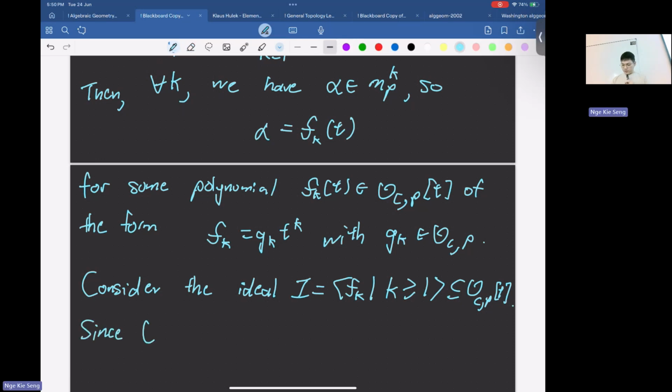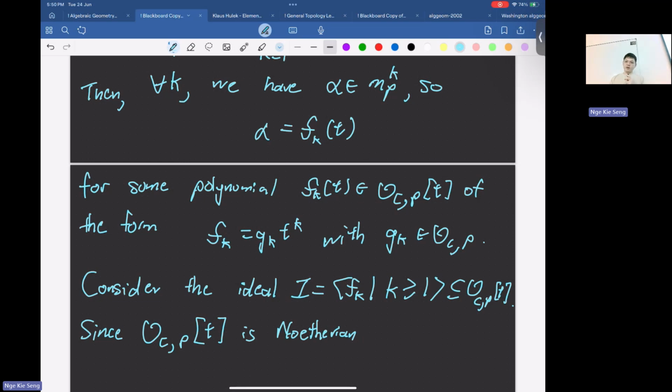We know that this O_{C,P} adjoined with T. Okay, this T, what's this T? You still remember what this T is? This T is the one we use to generate M_P. So if we consider this O_{C,P} adjoin this T here, first of all, this is Noetherian. Okay, why is it Noetherian?